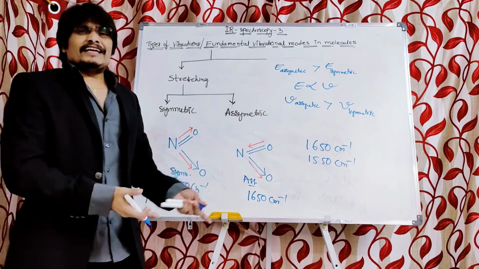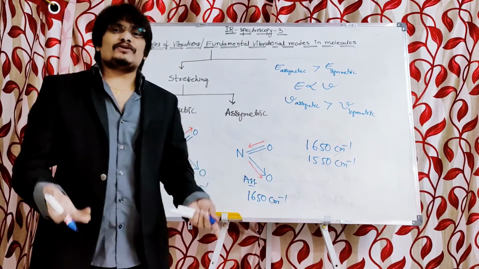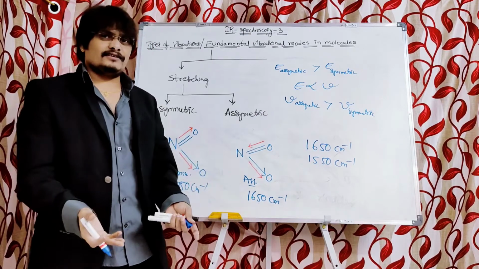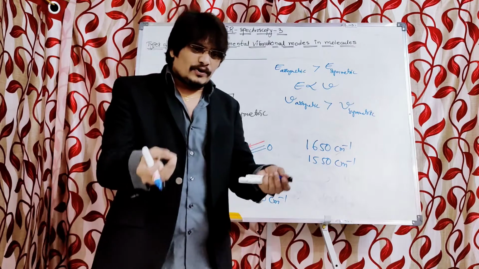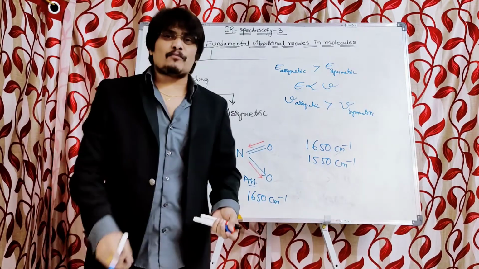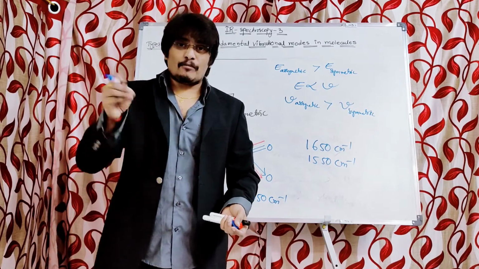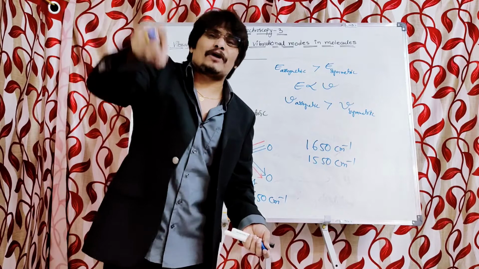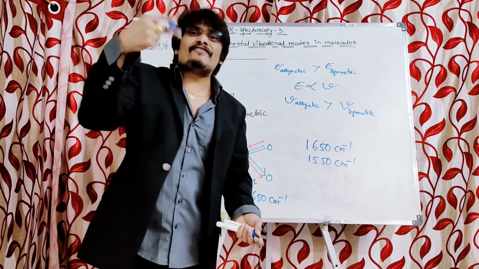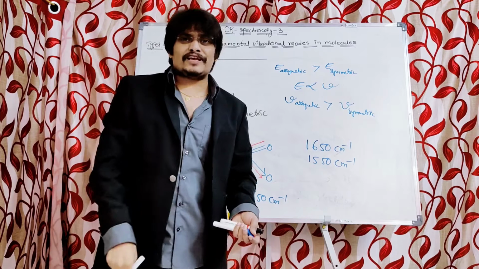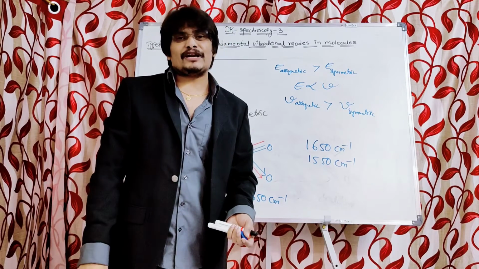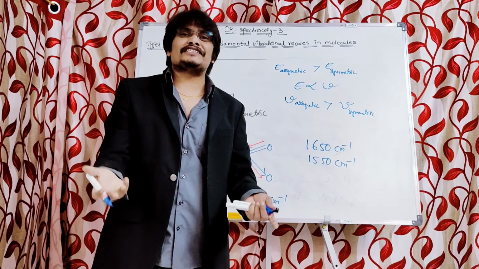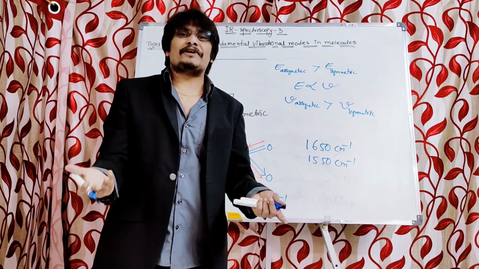So this is very easy, students. It's very easy to recognize whether it is symmetric stretching or asymmetric stretching. If there is a nitro group in the molecule and you have irradiated IR radiation on that molecule, and it is giving two peaks, one at 1650 and the other at 1550 centimeter inverse, it is very clear that the energy associated with asymmetric stretching is more than that with symmetric stretching.